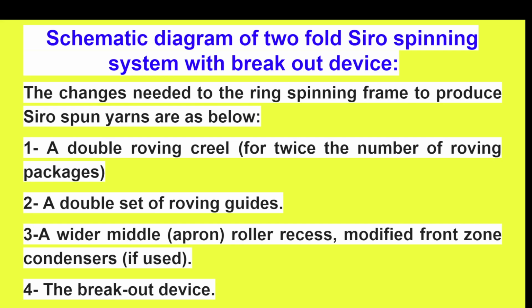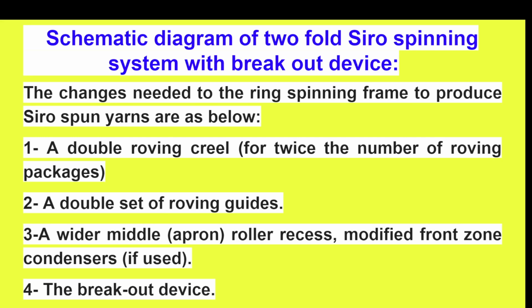It means we can place two roving packages on our ring frame machine where our Siro spinning mechanism has been mounted.